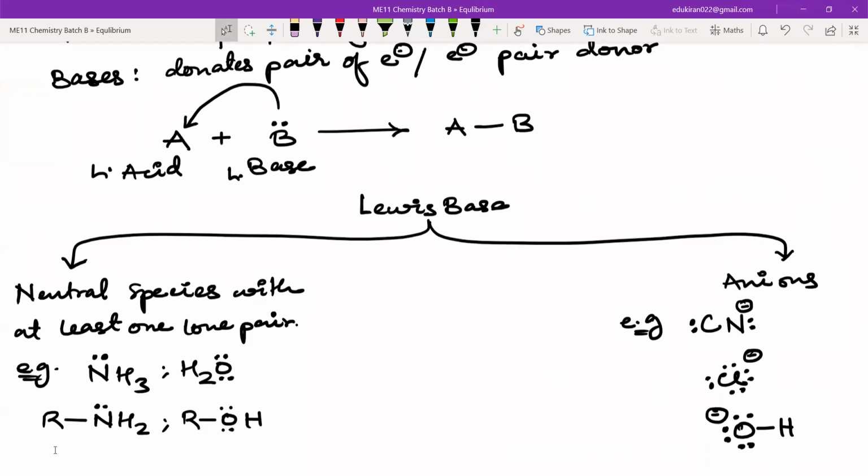Then we will move to Lewis acids. Done, sir. Done? Okay.